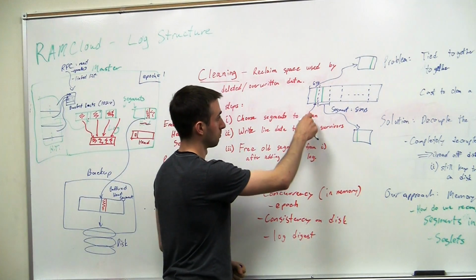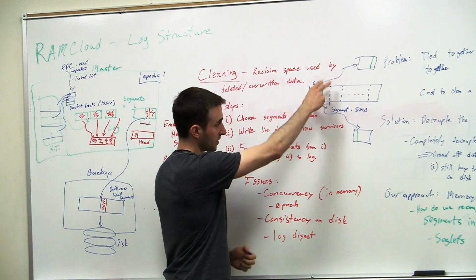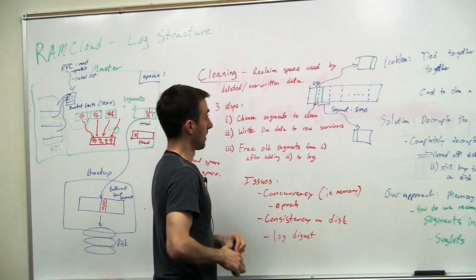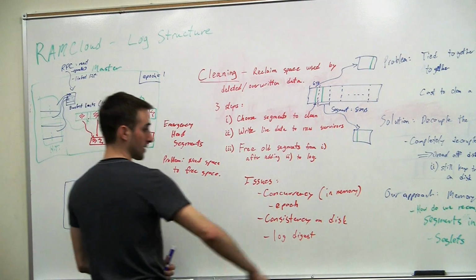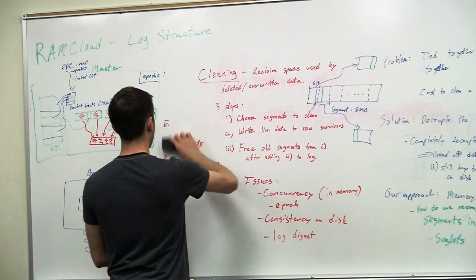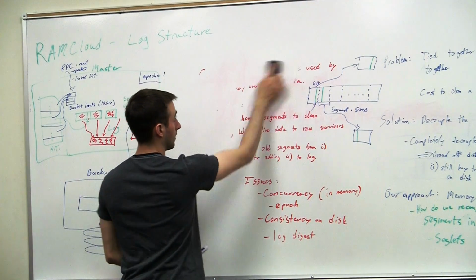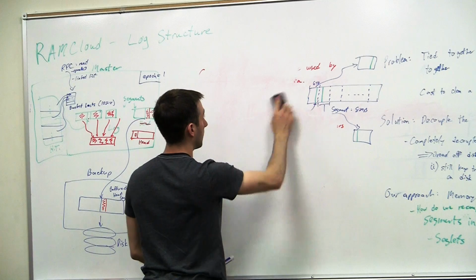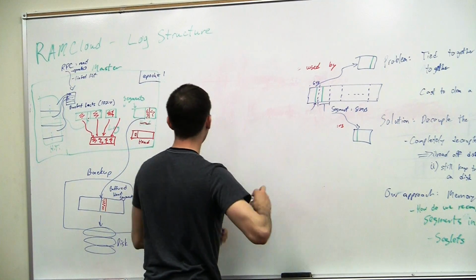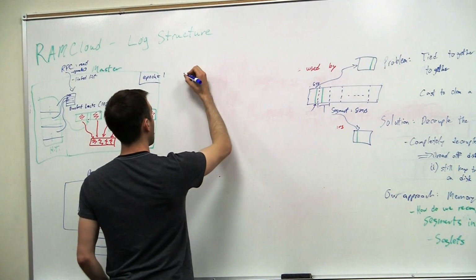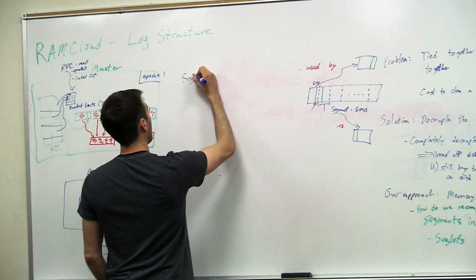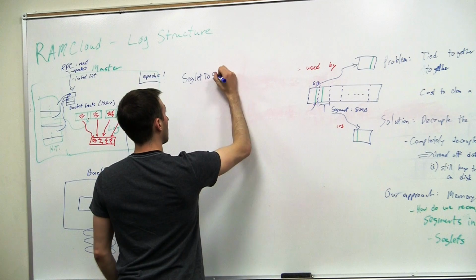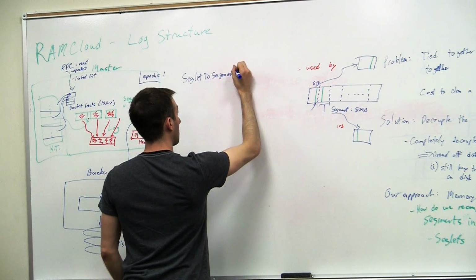If you do span multiple seglets, on the other hand, then you have a pointer to the front of it, but then you have to figure out where the rest of the object lives. And so what ends up happening is the system maintains a big table, a seglet to segment table.